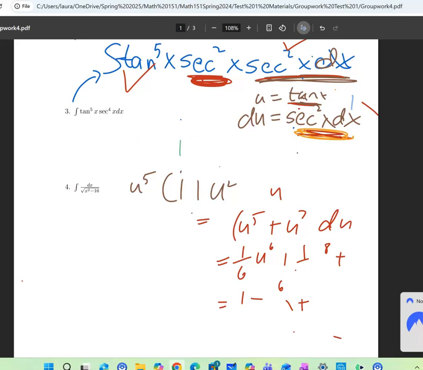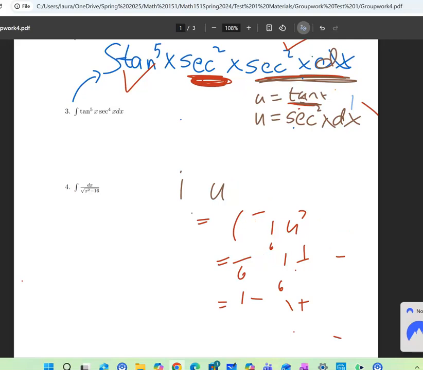So last time we pulled off a secant squared for the du. Okay, so what happens if we pull off a secant and a tangent? Let's check it out. Okay, here we go.